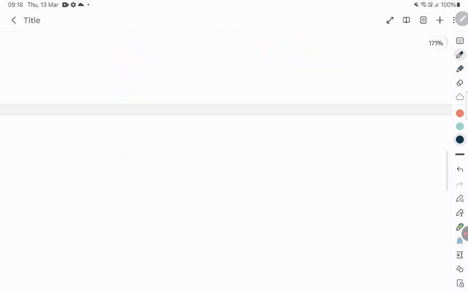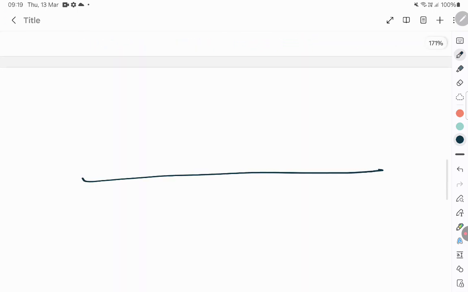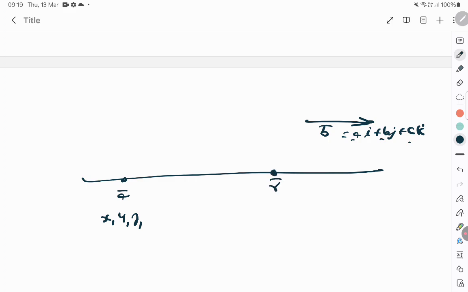What is inside the a vector is a point x1, y1, z1. What is inside the direction b vector is ai plus bj plus ck, in other words a, b and c.